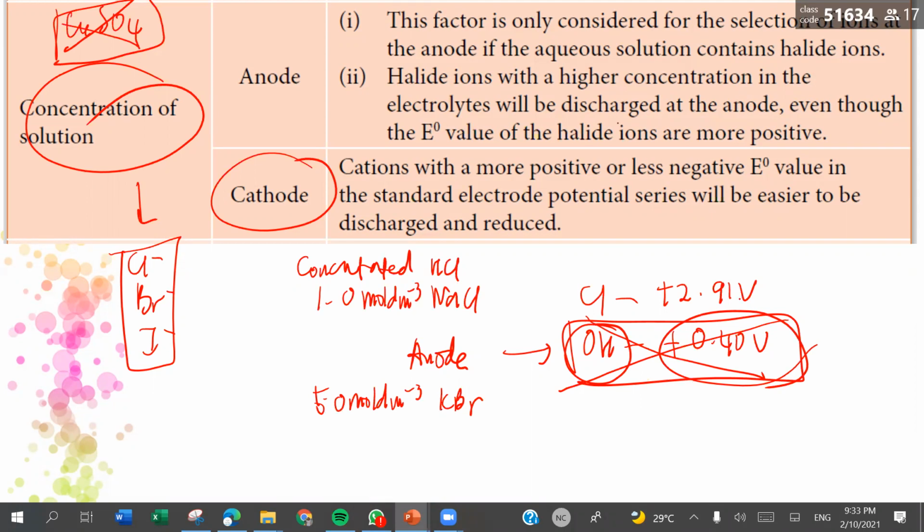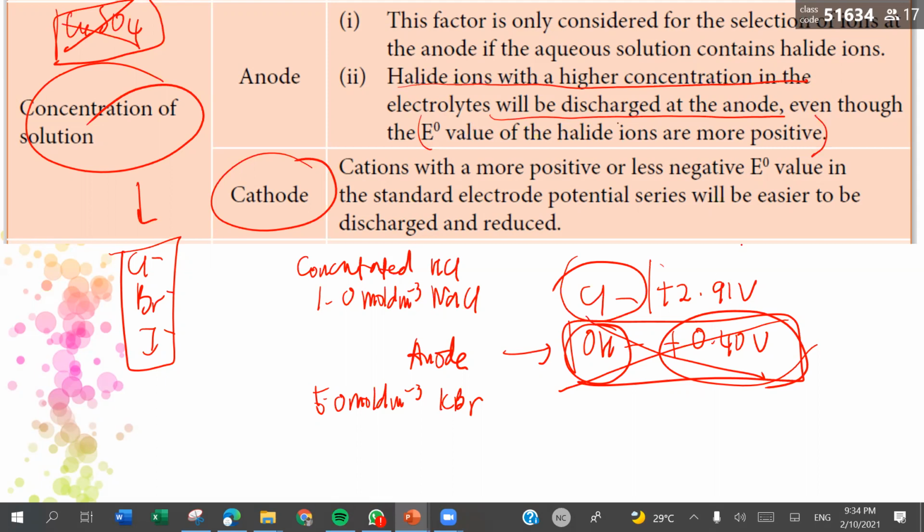I don't care. We are still going to choose chloride because it is more concentrated. So you look at the point here, the halide with the higher concentration will be selectively discharged, even though the SAP value for the halide is more positive.